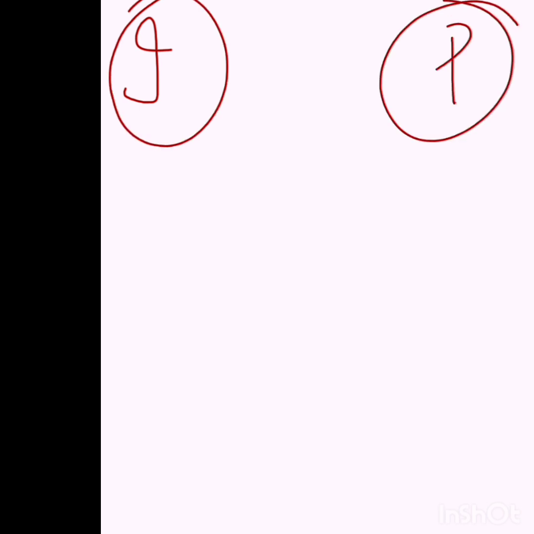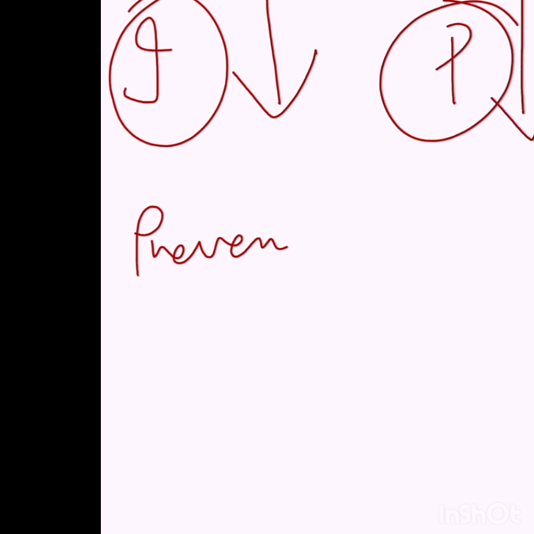And what are the changes that happen in incidence and prevalence according to the treatment and the preventive measures, that we are going to study next. What happens to incidence and prevalence if preventive measures are taken? Incidence will decrease, that means new cases won't happen, and prevalence also decreases.